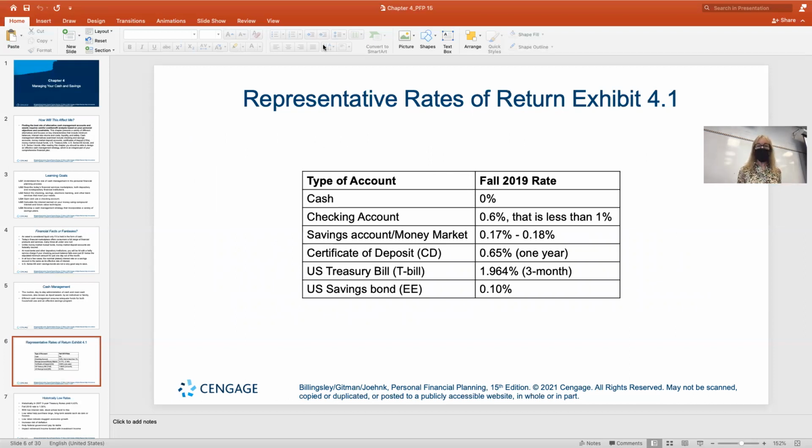All right, so here's an example of what we're looking at for our short-term cash investments. This is as of fall of 19. If you had money in a savings account, you're not going to make anything. If you have money in a checking account, this is high, because I was at the Hancock Whitney a few years ago.